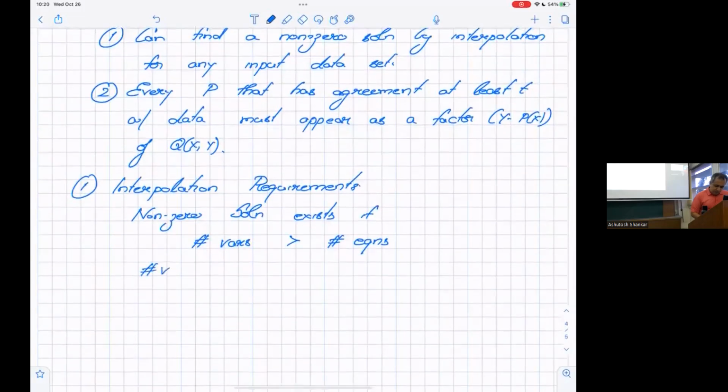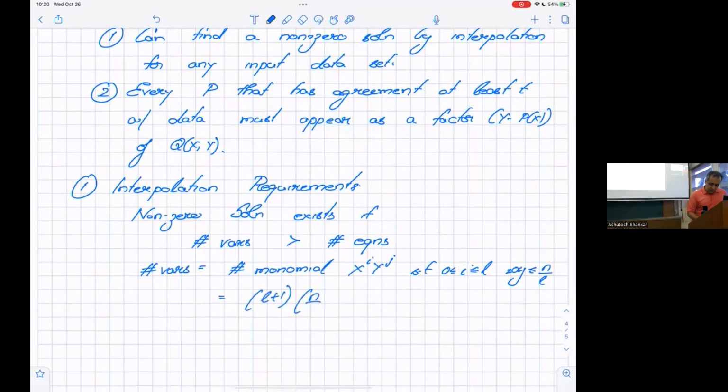The number of variables is exactly the number of monomials x^i y^j, such that i is less than or equal to L and j is less than or equal to n by L. That's exactly L plus 1 times n by L plus 1.